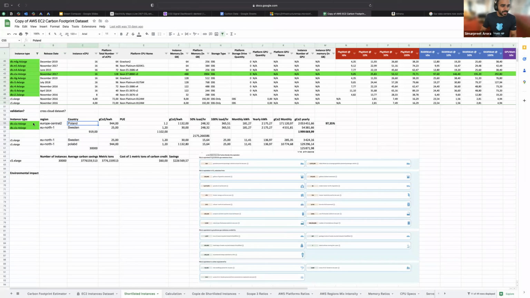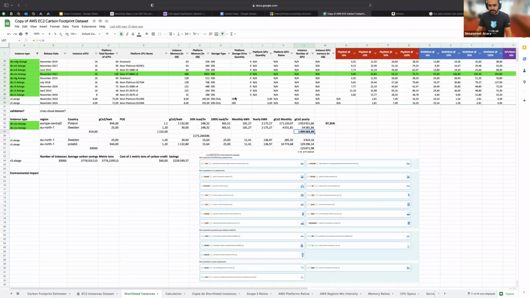I took up a substantially large instance to start with, such that I could see the impact. It's an x1e.4xlarge. On doing the calculations, it was evident that we can save 2 million grams of carbon just by launching in Sweden rather than in Poland, considering we don't have latency limits here.